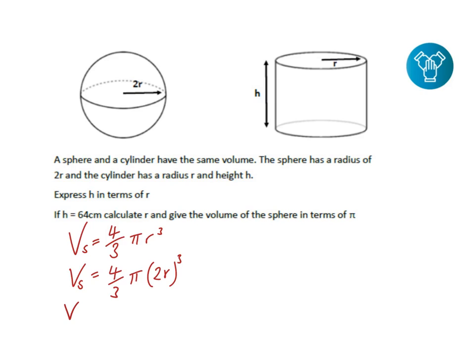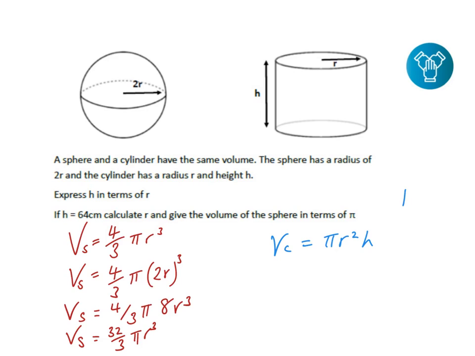So then I can expand that out, cubed, and then I can simplify that to 32 over 3 pi r cubed. Let's look at the cylinder, which is just going to be pi r squared times h, and we're told that h is 64 in the question, so the volume is 64 pi r squared.